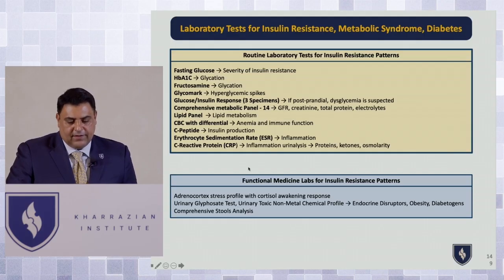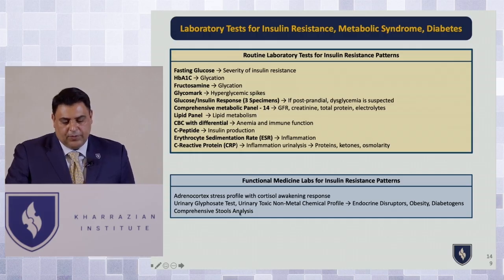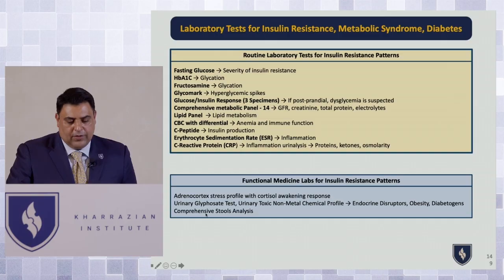And among the functional medicine tests to consider with people that have insulin resistance can also be the adrenal stress profile. And if you want to look at chemicals that are diabetogens, obesogens, endocrine disruptors, you can look at glyphosate and toxic non-metal chemicals. And then you can also look at the comprehensive stool analysis to get an idea of their microbiome.